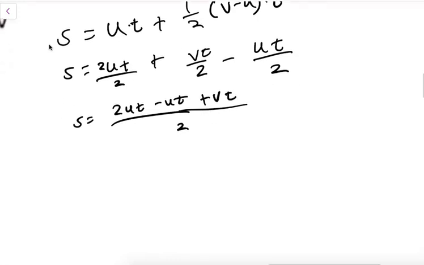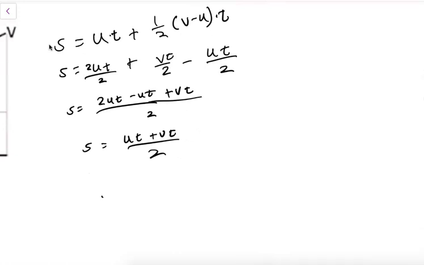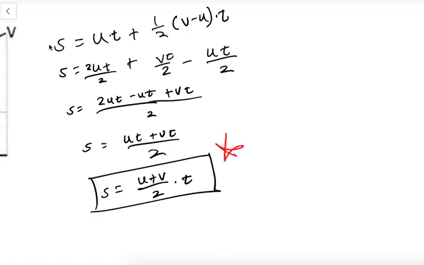And so this ends up being s equals ut plus vt over 2. And I'm just going to factor out the t now to get this final equation that you'll see, u plus v over 2 times t, in your data booklet. This is your third equation in your data booklet.